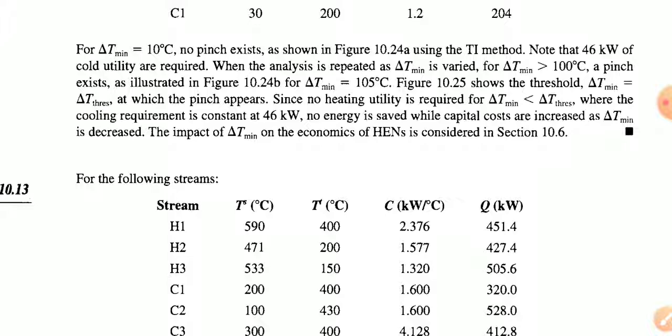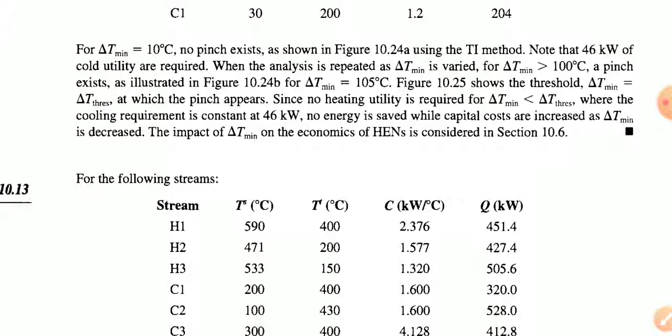For a delta T minimum equal to 105 degrees Celsius, figure 10.25 shows the threshold, where delta T minimum equals the delta T threshold at which the pinch appears, since no heating utility is required for a delta T minimum less than delta T threshold, where the cooling requirement is constant at 46 kilowatt.